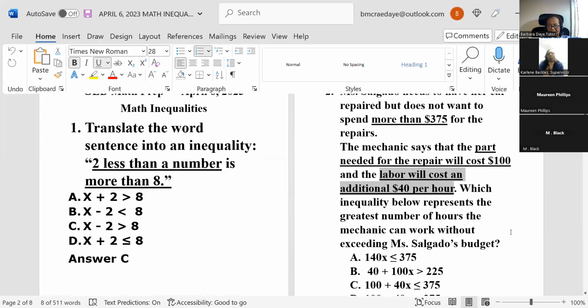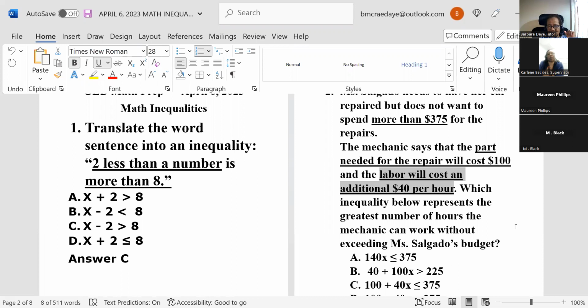Maureen, you know what she just read? Can you tell me in a few words what this problem is saying? It's telling you that she doesn't want to spend more than 375. That's right. That's the budget. And she needs $100 for labor, with an additional $40 per hour.